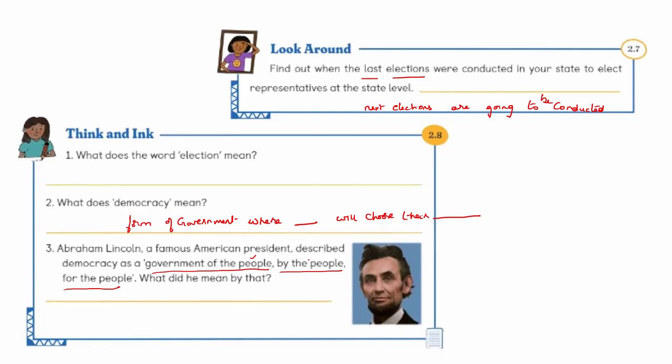They are representatives. It is ruled by the people and it rules for the welfare of people. Who formed the government? Us, the people. We selected. Who selected those people? People selected. For whom does it work? It works for the people.